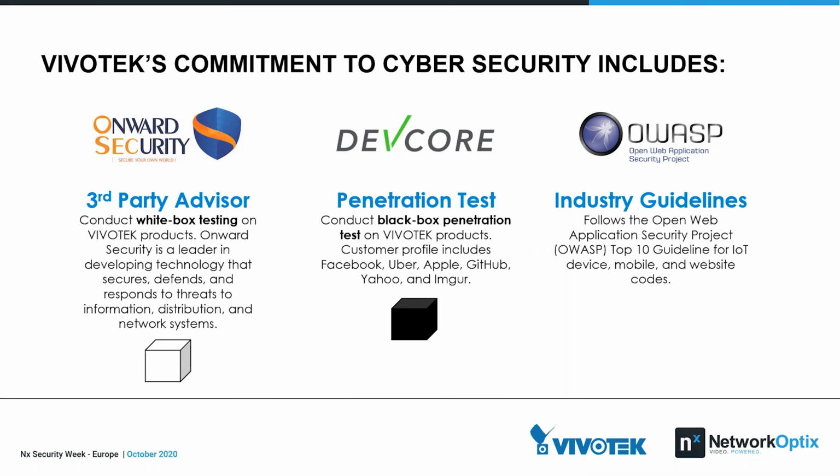So testing while we know everything about the camera, and testing when they don't know anything about the product. For example, DevCore is a Taiwanese company, also working with Facebook, Apple, and Yahoo for testing their products.